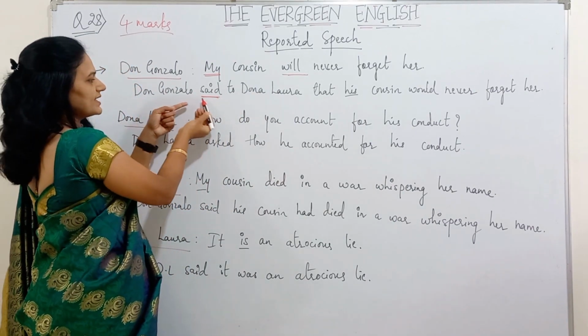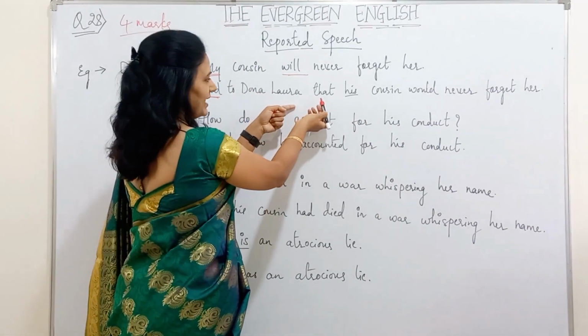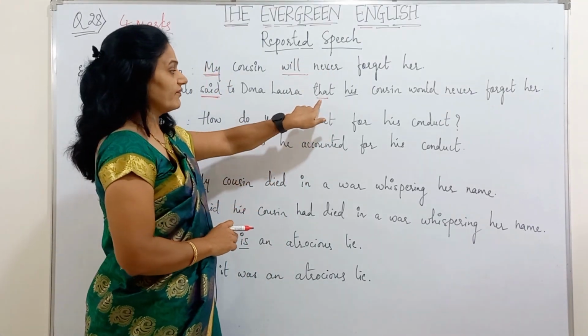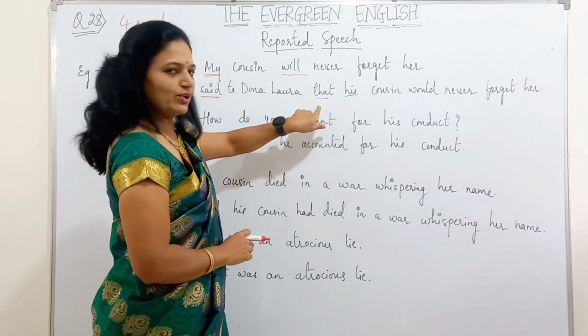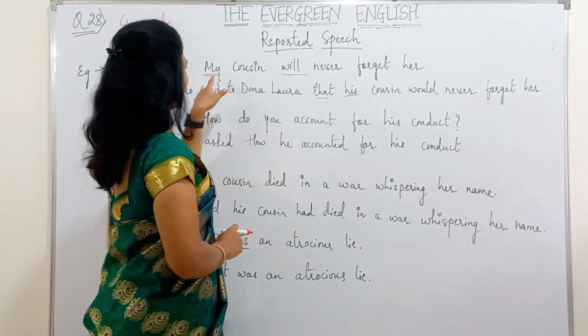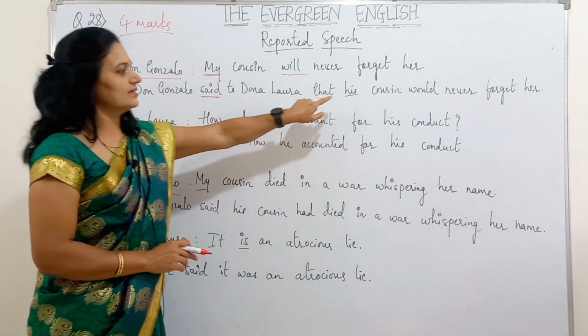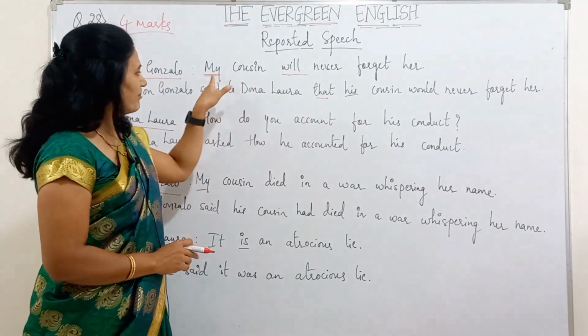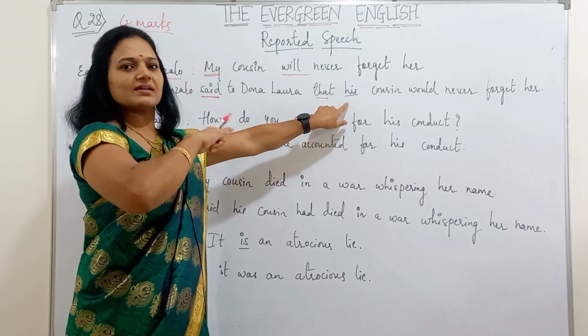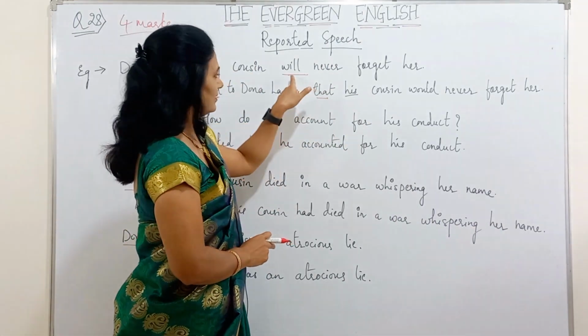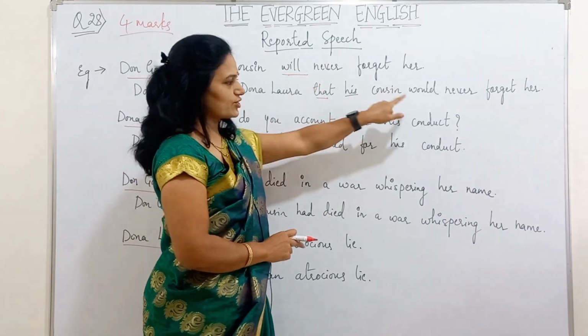Don Gonzalo said to Laura that, usually in reported speech, if there is need of this conjunction, we use it. That. My cousin, in the sense, whose cousin? His cousin. Instead of my, I have written his cousin, Gonzalo's cousin. His cousin will change to would.